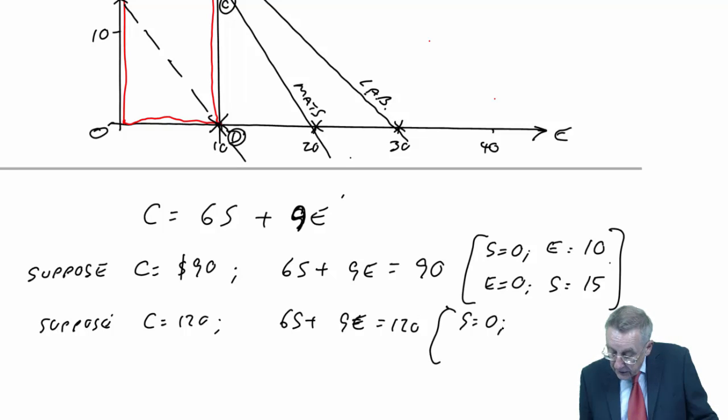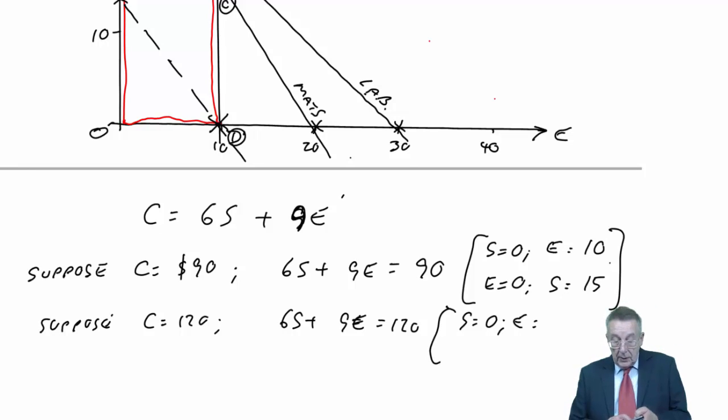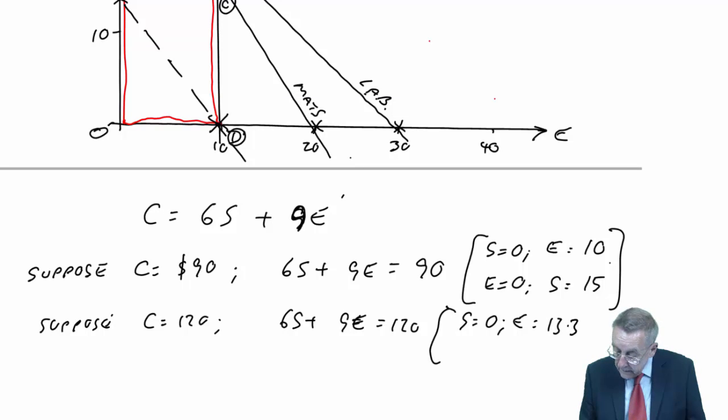So if S is 0, E is, I could have chosen a nicer figure, couldn't I? 120 divided by 9, 13.33. If E equals 0, S equals 20.